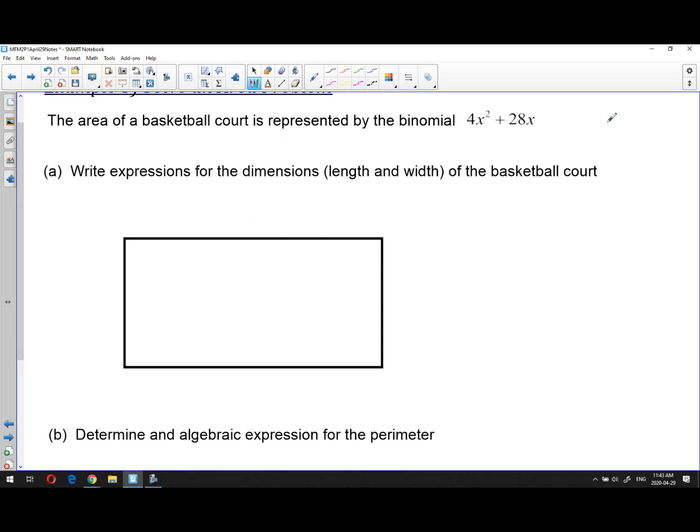So a basketball court is a rectangle. What we are given is the area, but we're not given the area as a number. We're given the area as an expression. The area is 4x squared plus 28x. What this question is asking us is to determine expressions for the length and width of the basketball court.